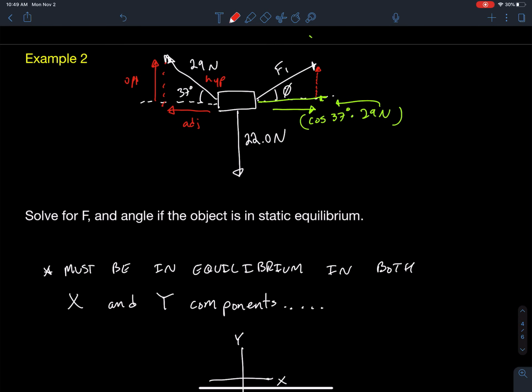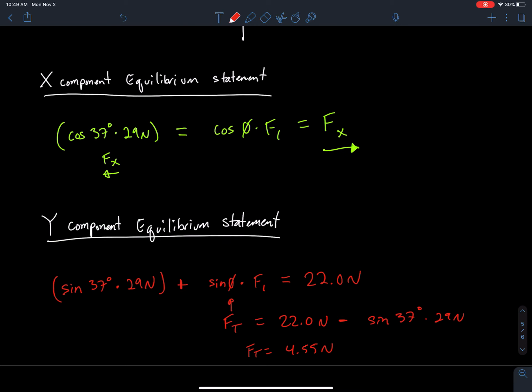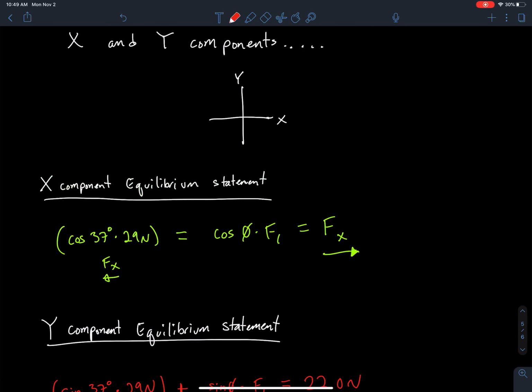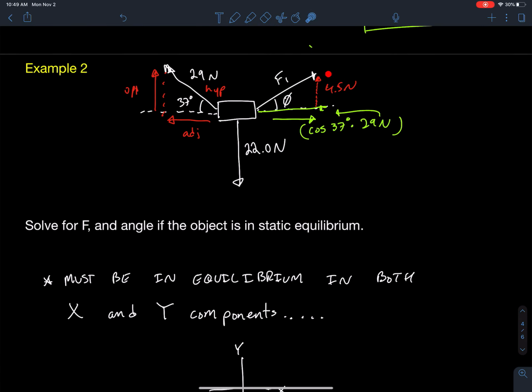So that means this is 4.5 newtons right here. So 4.5 newtons I will have here. That's pulling up at 4.5 newtons.